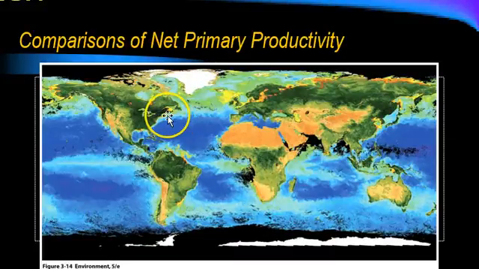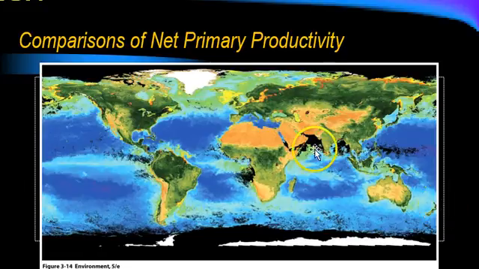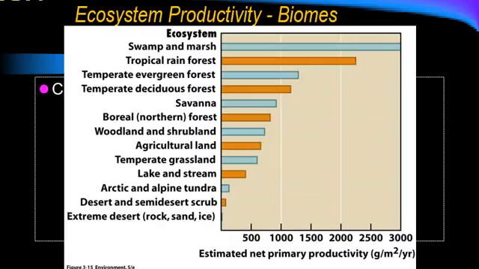Now, if you look in the oceans, you actually also have some really big hot spots of primary productivity there, and they tend to be around coral reefs because you have organisms there that are producing lots of biomass and lots of energy. So take a minute and look at the different biomes here and compare what their primary productivity is.